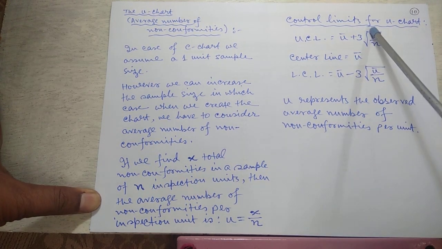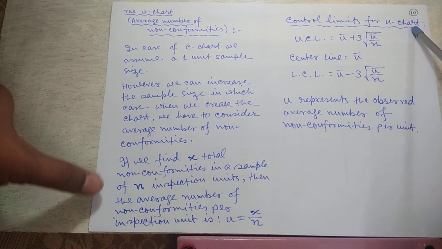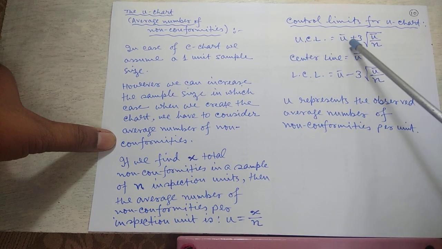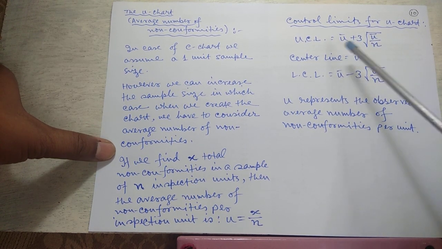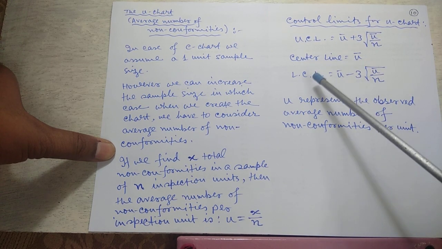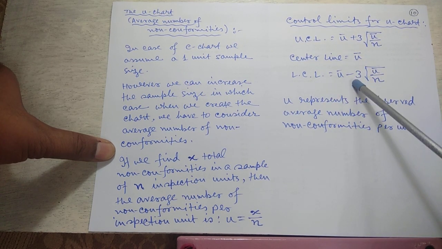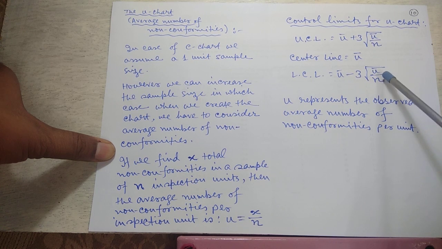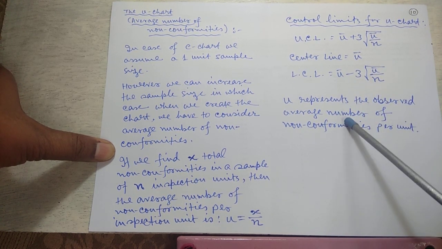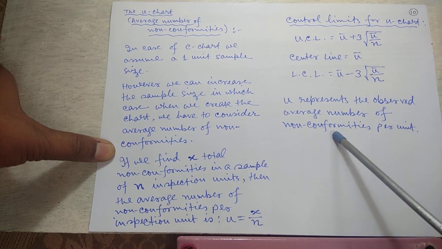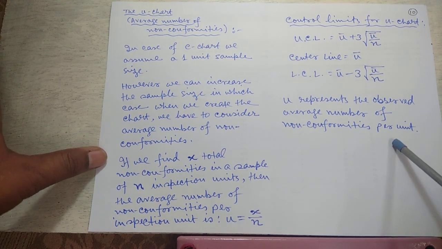So the control limits for the U chart: the upper control limit will be U bar plus 3 into root over U bar by n, the central line will be U bar, and the lower control limit will be U bar minus 3 into root over U bar by n. U represents the observed average number of non-conformities per unit. Let us see the problem.